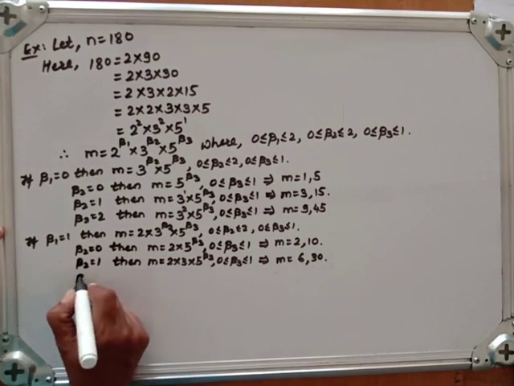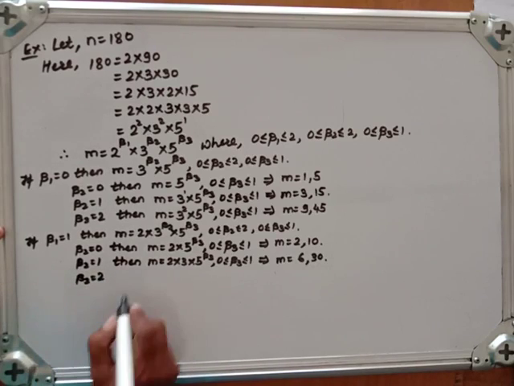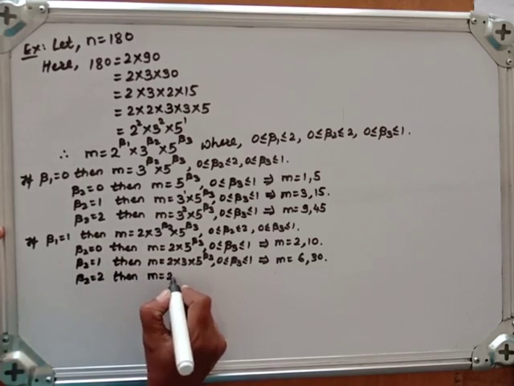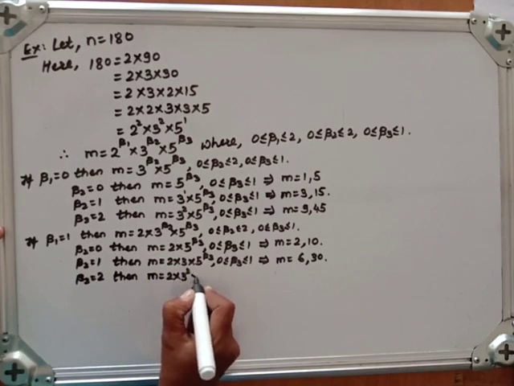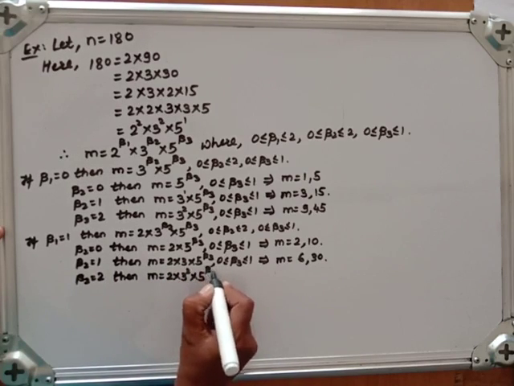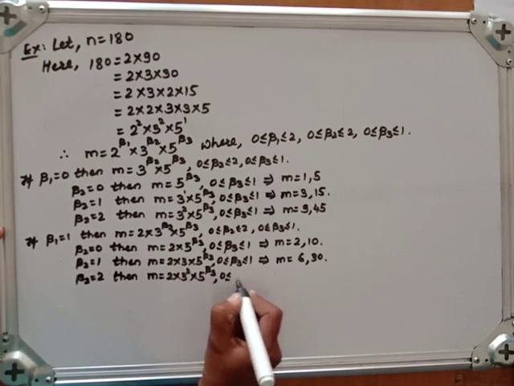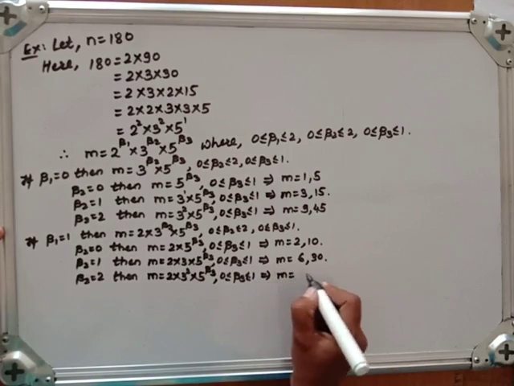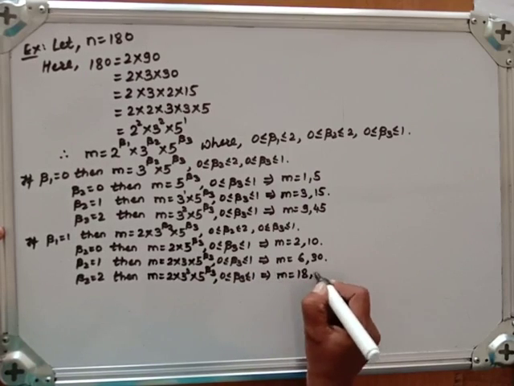Then next beta 2 is equal to 2, then m equals 2 into 3 square into 5 raised to beta 3, and beta 3 lies between 0 and 1. So m is equal to 18 and 90.